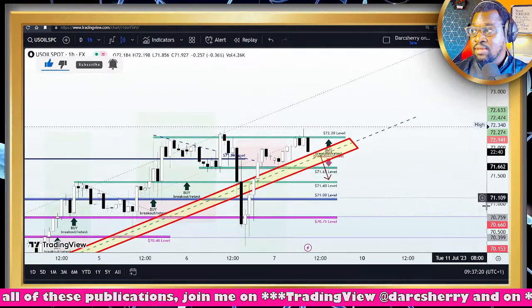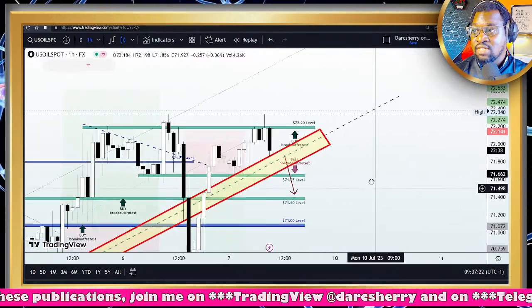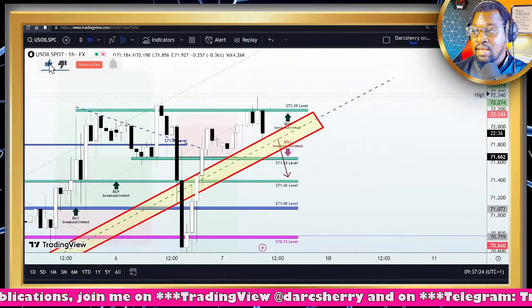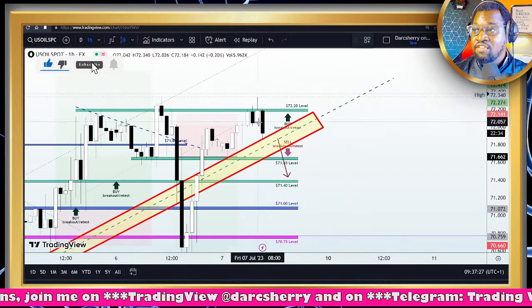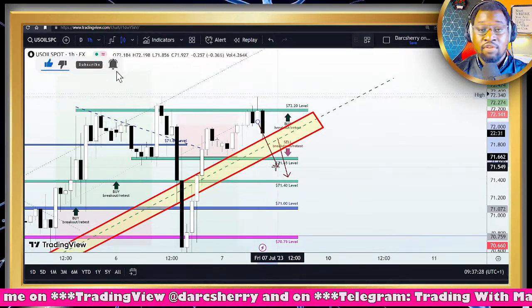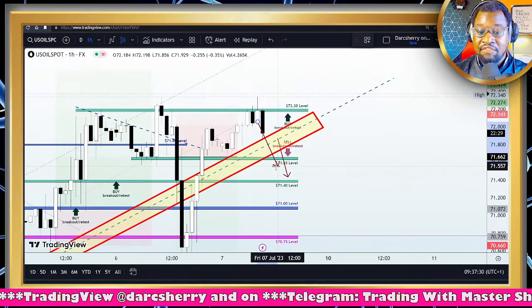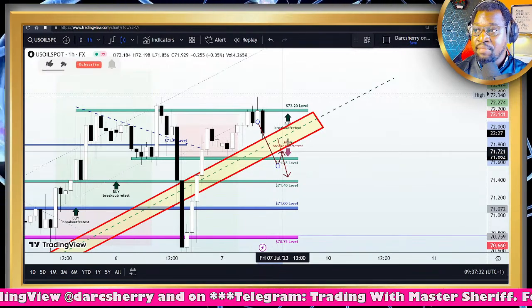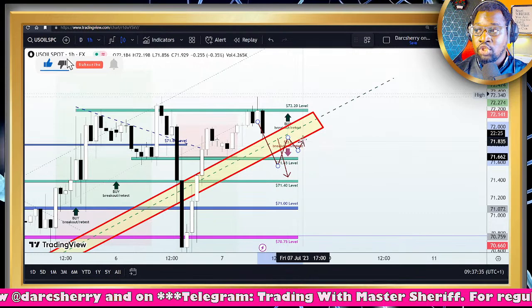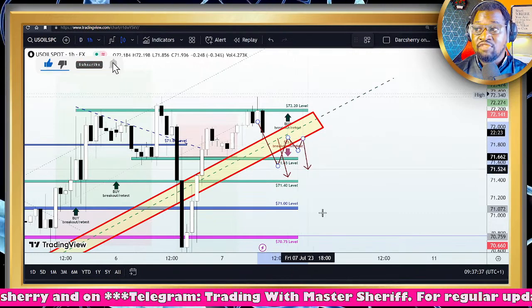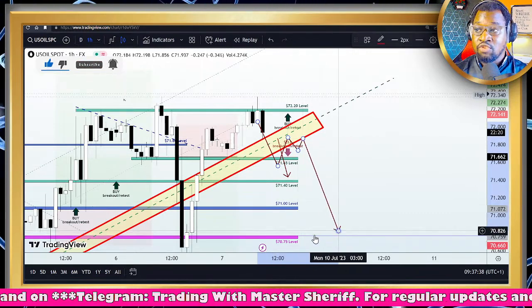So for us to sell here, I want to see price action slice through that trend line, giving me something like this. Confirmations are needed on our lower time frame, so we scale down into the lower time frame to look out for a retest of structure coupled by selling pressure, after which we want to be part of a bearish move to the downside.